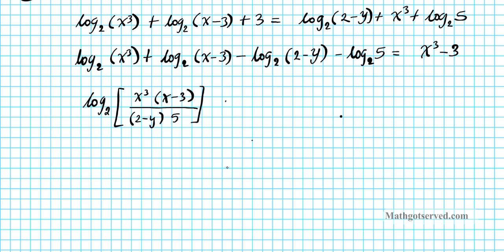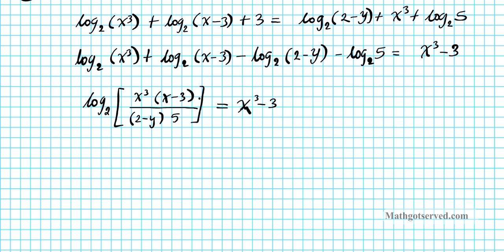Okay, so that will be equal to x to the third minus 3. All right, now to get rid of the logarithm, we're going to use its inverse, which is exponentiation. So we're going to exponentiate both sides using 2 as the base of exponentiation.